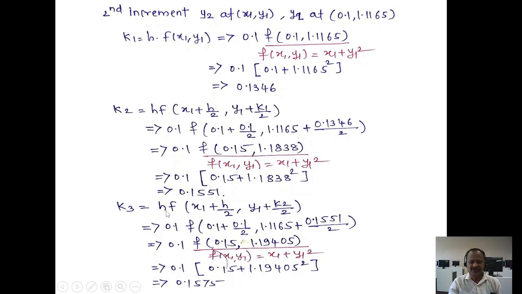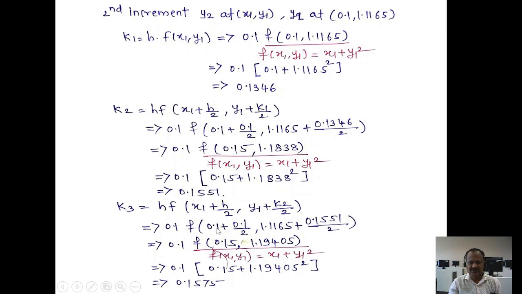So k3 is equal to h into f of x1 plus h by 2 comma y1 plus k2 upon 2. H is 0.1. So f of 0.1 plus 0.1 divided by 2 comma y1, which is 1.1165, plus k2. This is the k2 value, 0.1551 divided by 2. Now you have to solve this.